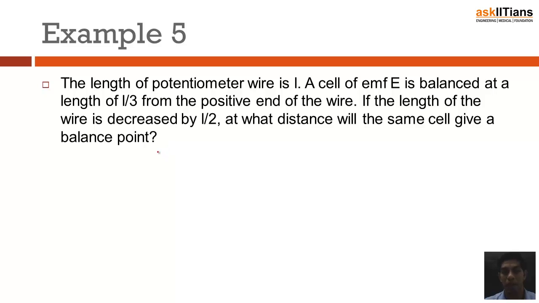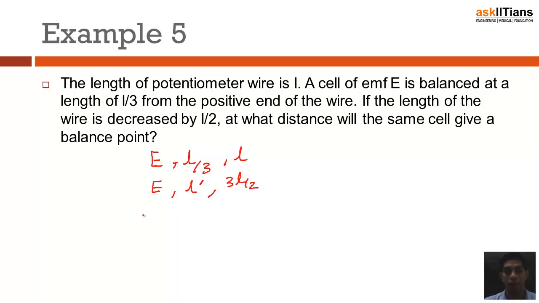So I have an EMF of E which gave me a balance point, right? Now the balance point was L by 3, and the length was L. Now for the same cell, I need to find the balance point. So let's call this L dash, and the new length is 3L by 2.